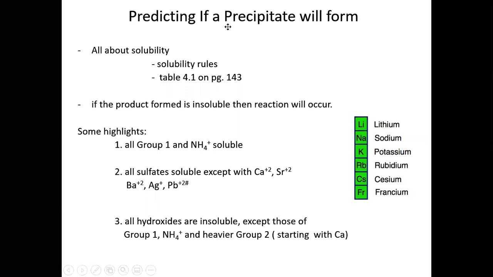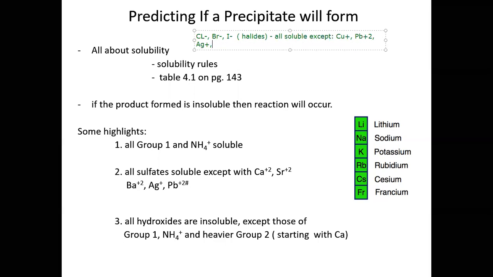So for things like chloride, bromide, and iodide, these are referred to as halides, all soluble except, I believe it's copper 1, lead 2 plus, silver plus, and mercury 1.